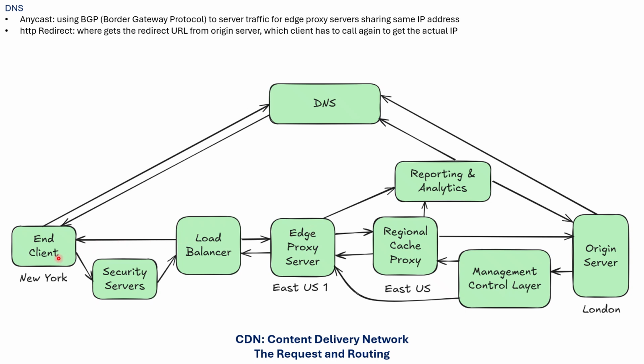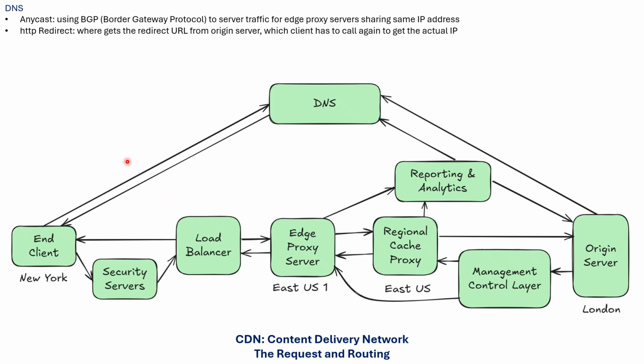When a user tries to connect, the Internet's core routing protocol, BGP or Border Gateway Protocol, automatically sends the request to the topologically nearest server. Think of BGP as the global postal service. It knows the most efficient route to deliver the request to the closest server with that specific IP address.